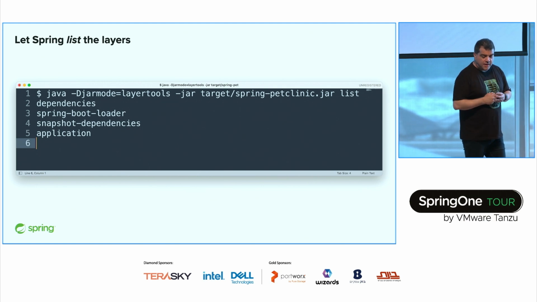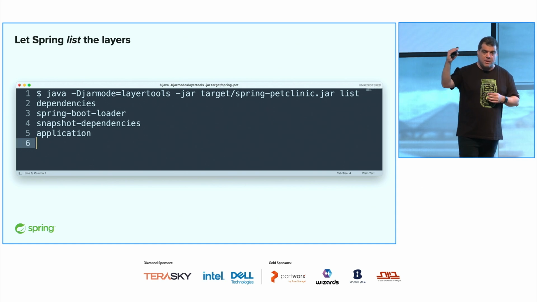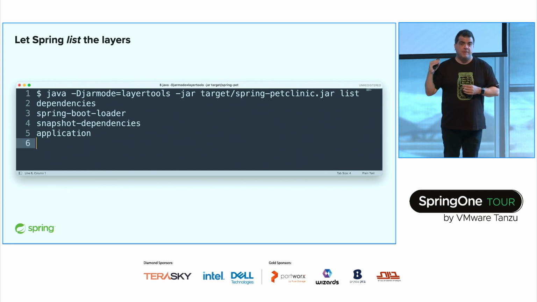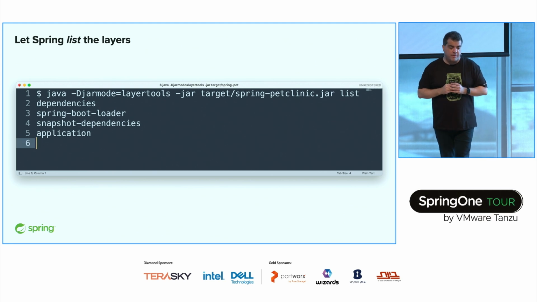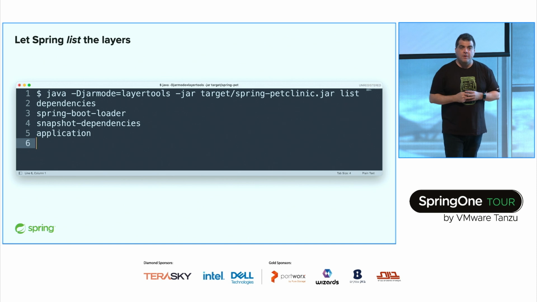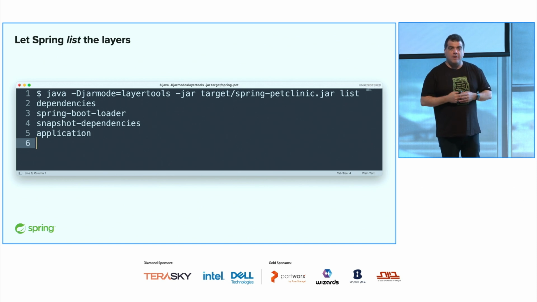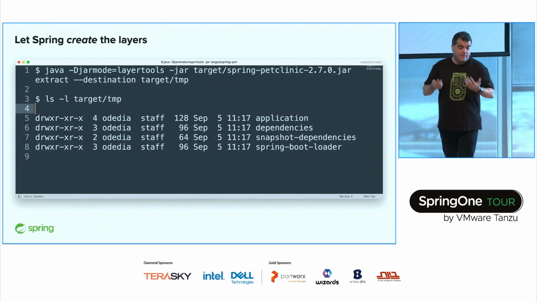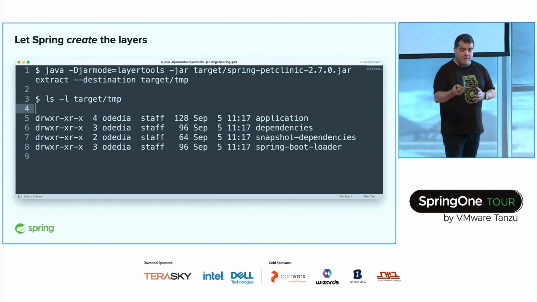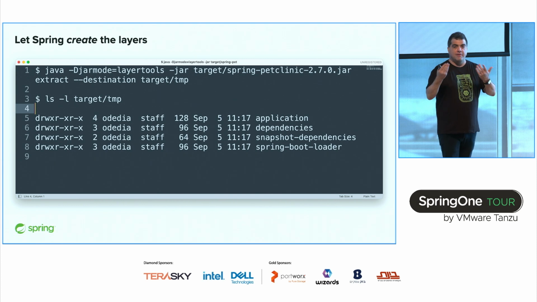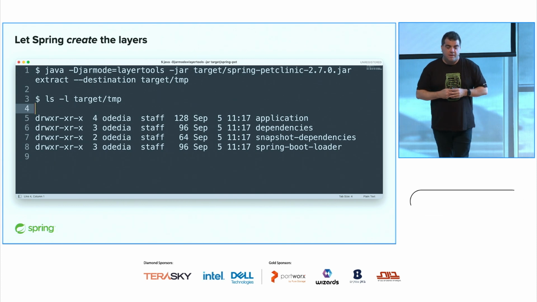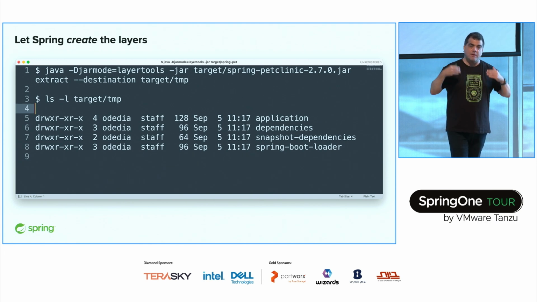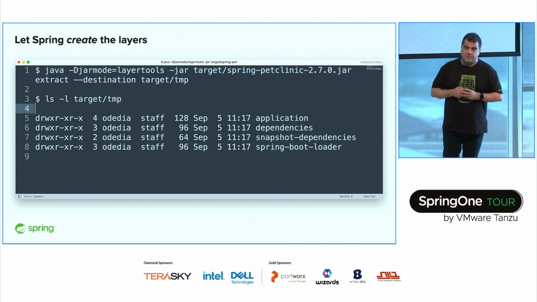So here we're seeing that the recommendations are create a dependencies layer, create a Spring Boot loader layer, create a snapshot dependencies layer if you have any snapshots in your application, and only then create a layer with your actual custom code. Luckily, Spring even lets us use the same tool with the extract command, so we can actually unzip the Uber jar into separate folders, and each folder represents its own optimized layer now, right?